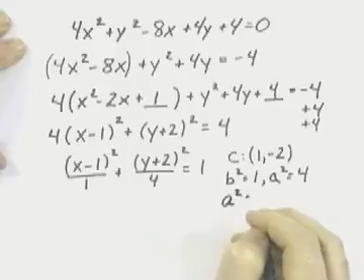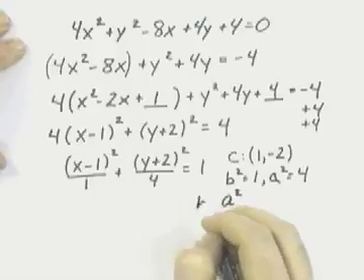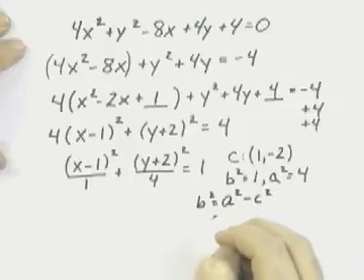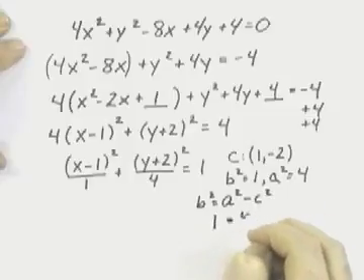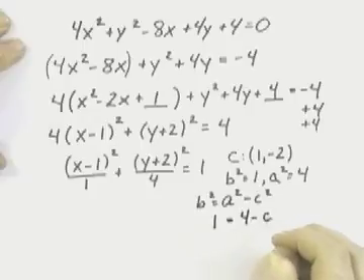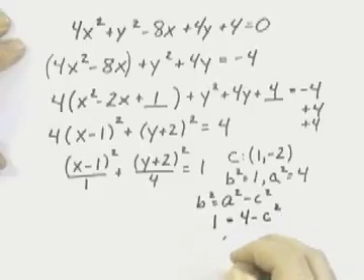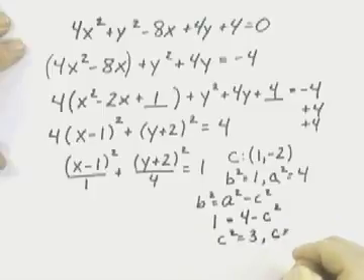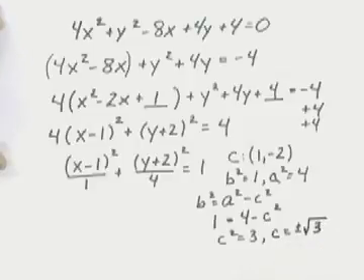We know that b squared equals a squared minus c squared, so 1 equals 4 minus c squared. That gives me that c squared is equal to 3, which means that c is equal to plus or minus the square root of 3.